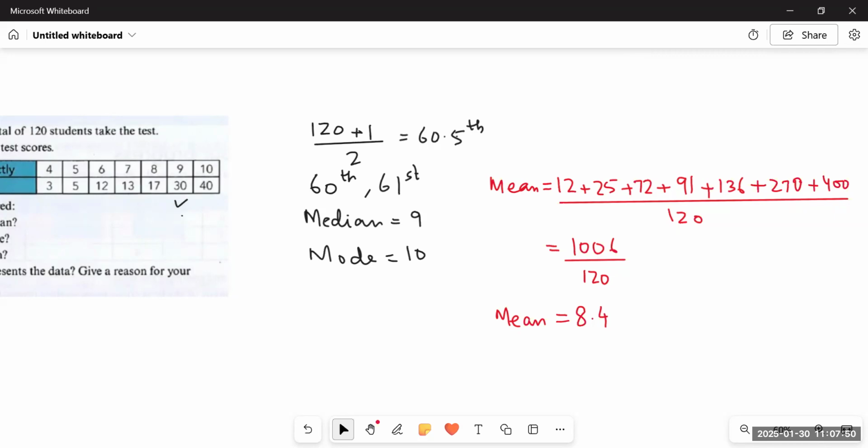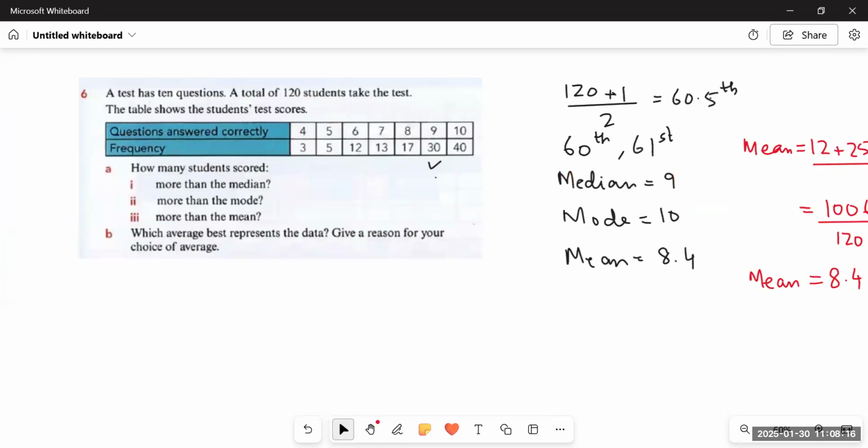Then we added them all, we got 1006, and then divided it by 120. So we got the answer in decimals, which was 8.38333. We just rounded it up and got the mean as 8.4. Now we have all three values, that is mean, median, and mode, as 8.4, 9, and 10 respectively.